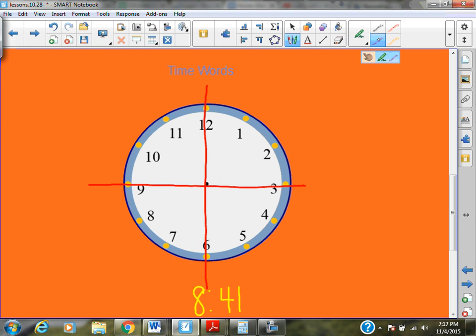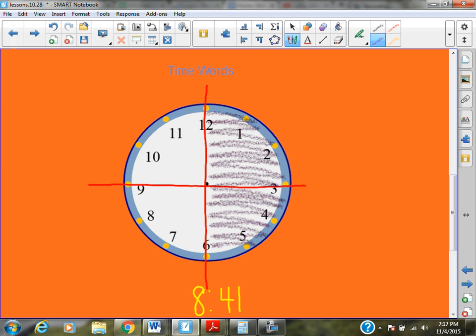When I look at 1/2 of my clock, I can say that half of the clock is shaded. Within this half of the clock, I can count the minutes around, starting at 0, 5, 10, 15, 20, 25, 30.